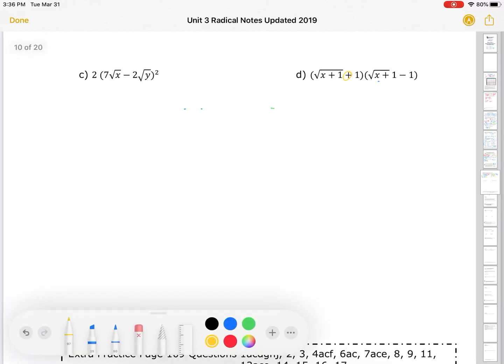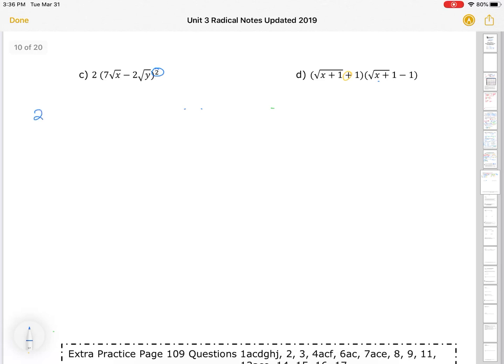Now, the next one, I'm going to have you guys do it. But before you start, I'm going to do one thing. First, I'm going to remind you to make sure you identify your values for your variables. But I want you to notice this is a square here. So you're going to have to expand this out, and then you're going to have to multiply.